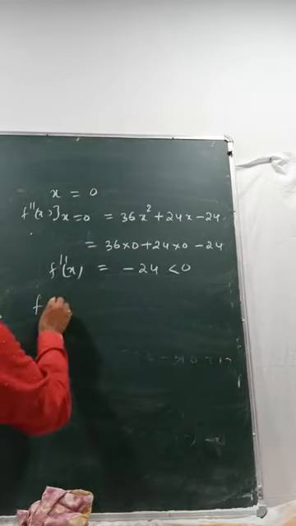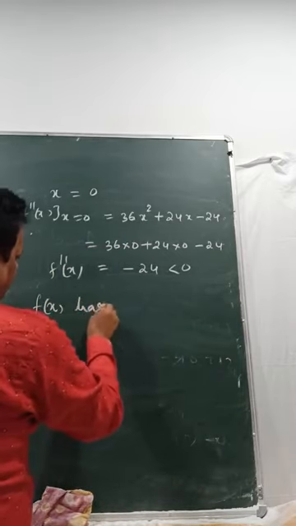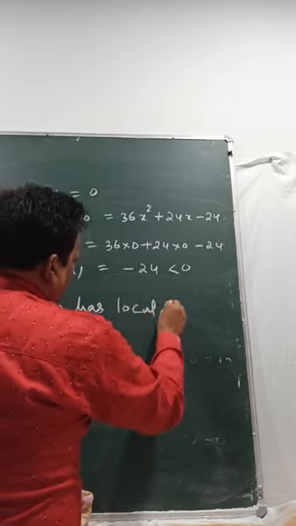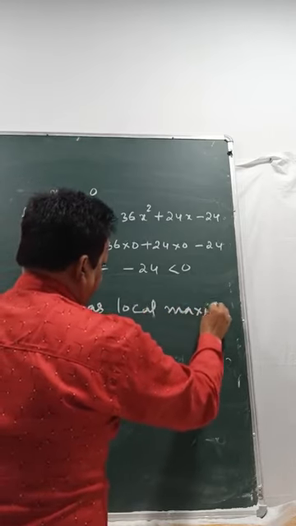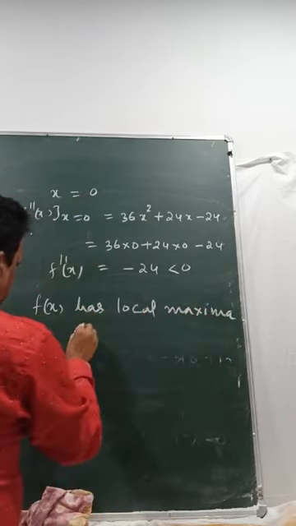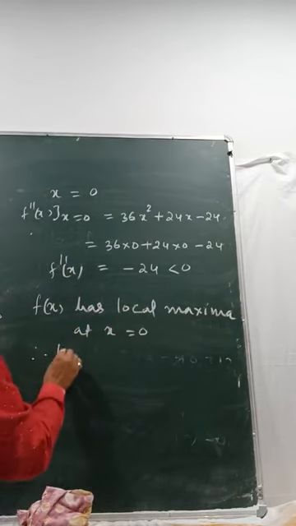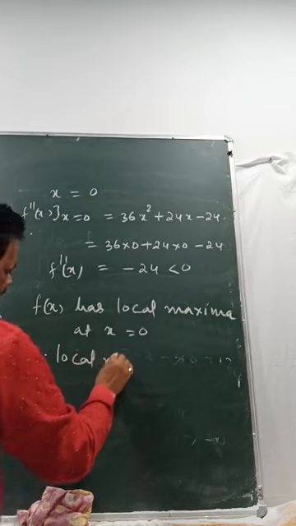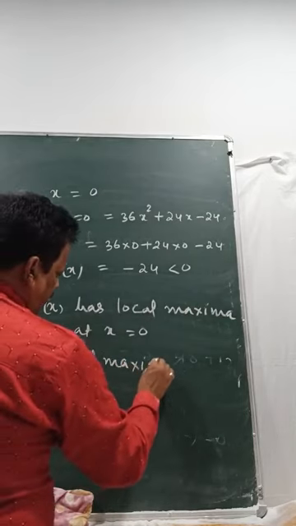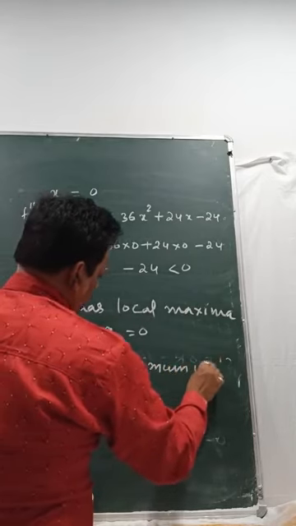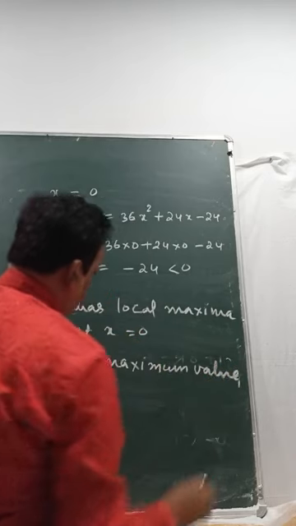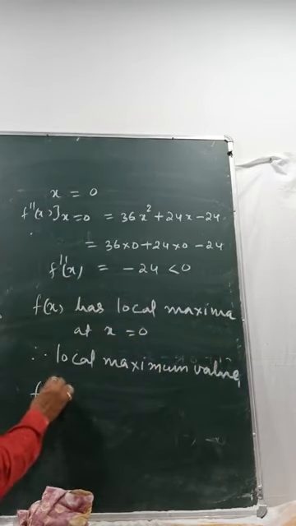So f x has local maxima at the point x equals to 0. So therefore the local maximum value, where will we put it? We put it in the function.